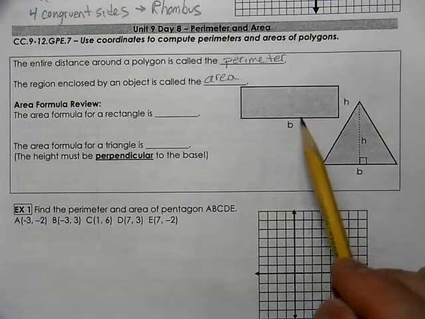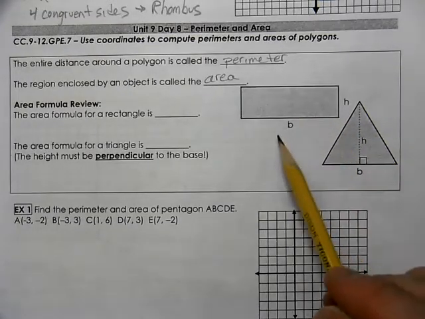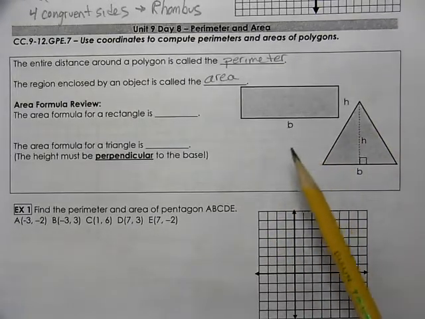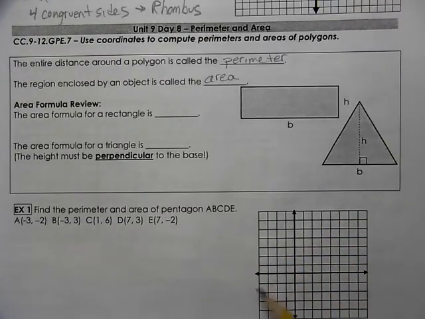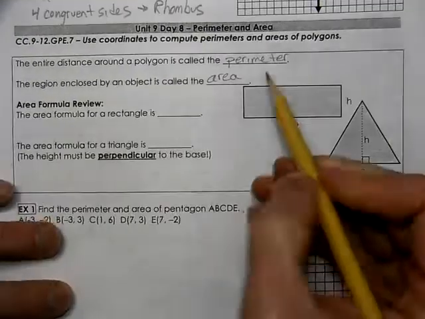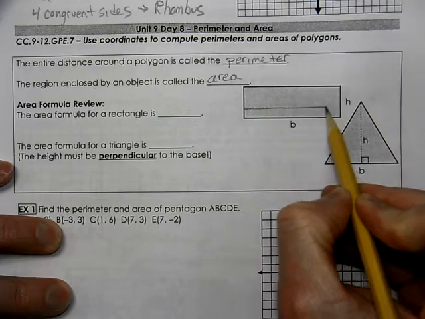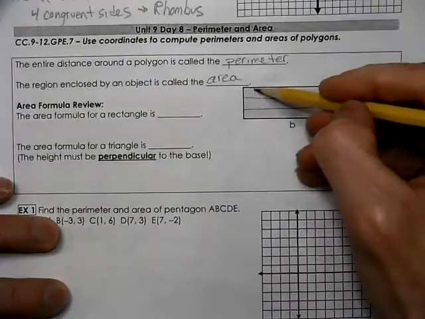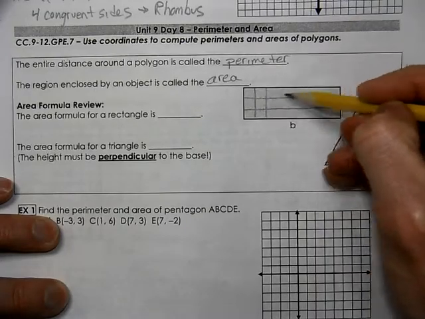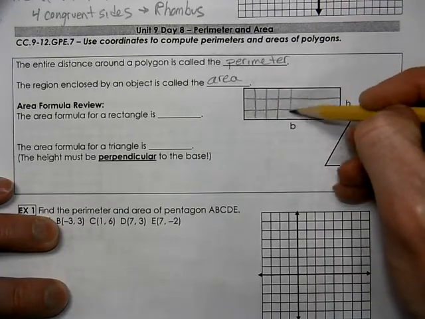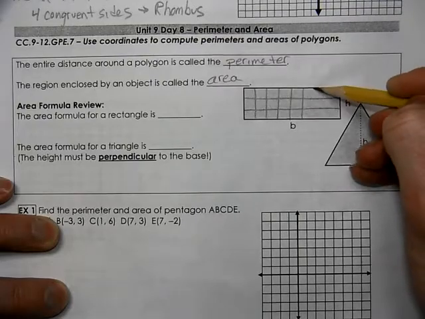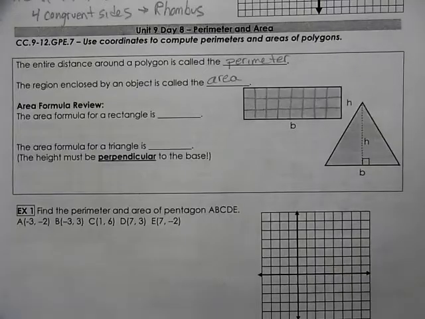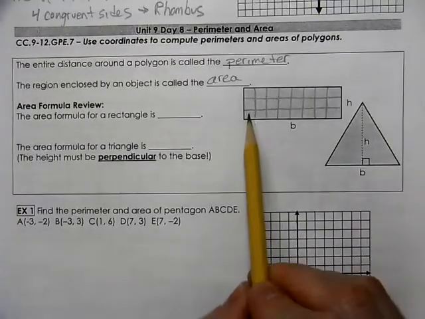This lesson is not based on teaching you new material, but rather being sure that you understand what the formulas mean and how to use them here in the coordinate format. When we talk about area, what we're doing is taking the number of squares that land inside of a shape and counting those up as a square area calculation.